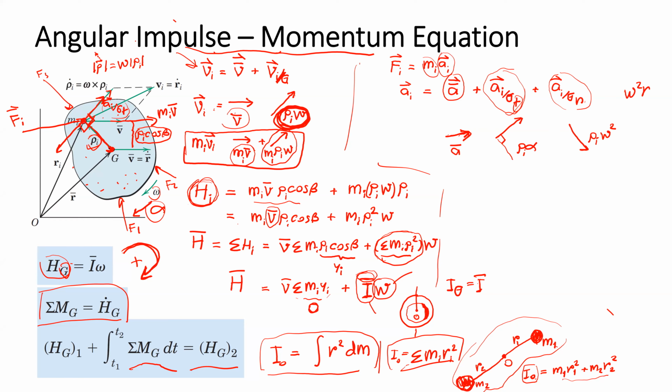So if we write m_i a_i vector, it means we just multiply this by m_i.